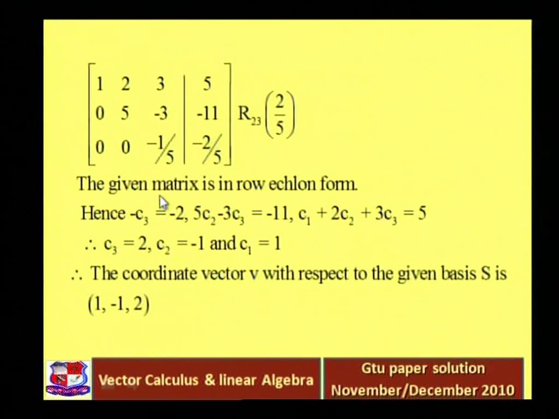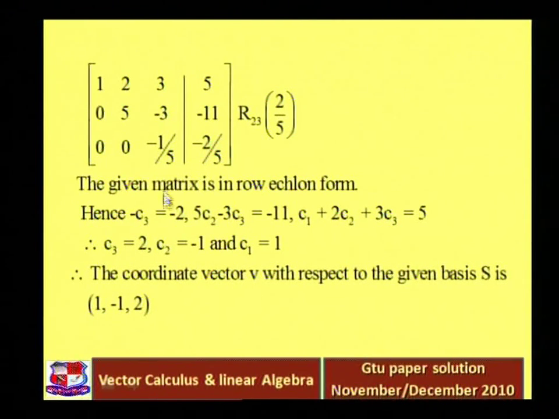It's just numerical that you can understand. Now this matrix is in row echelon form, so the given matrix is in row echelon form, hence minus C1. Now multiplying third row with 5, you will get 0 0 minus 1 minus 2.